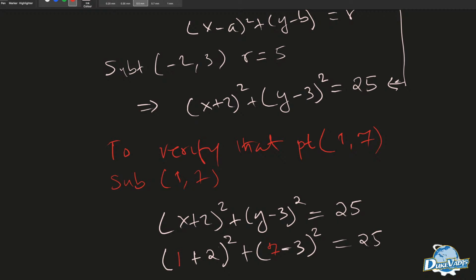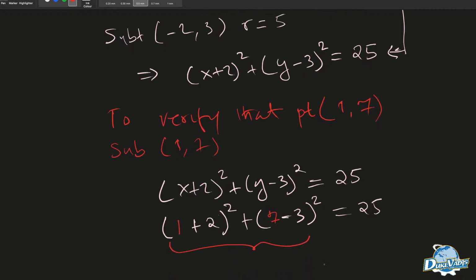Then we compute this to verify whether the left-hand side and the right-hand side agree.